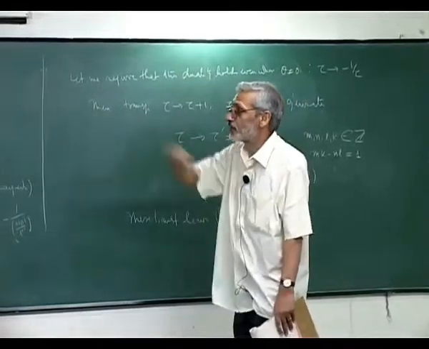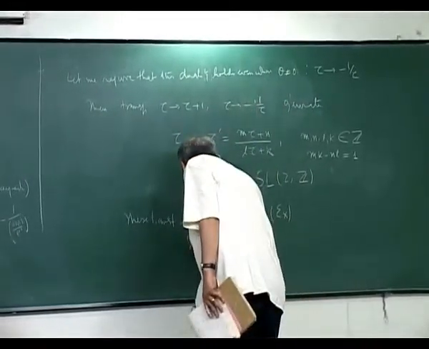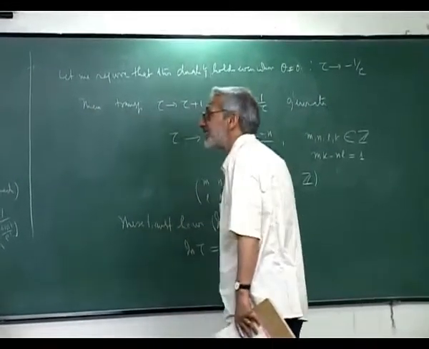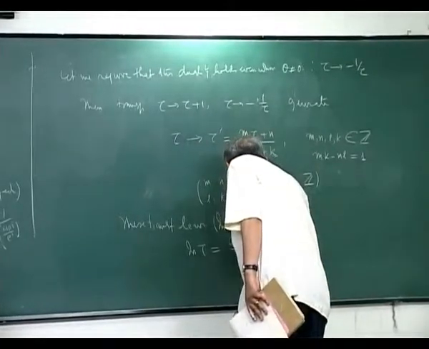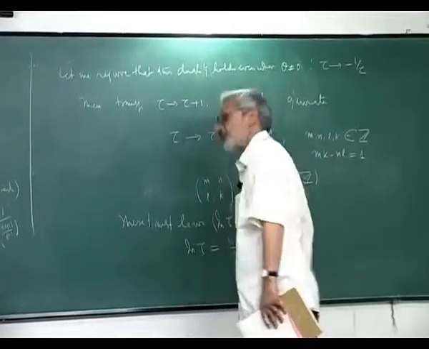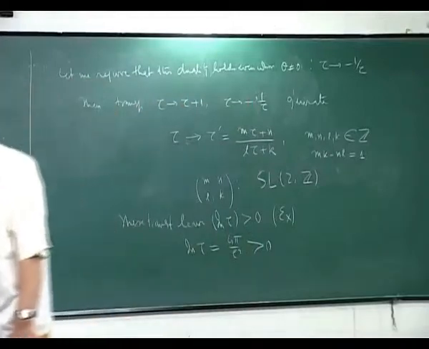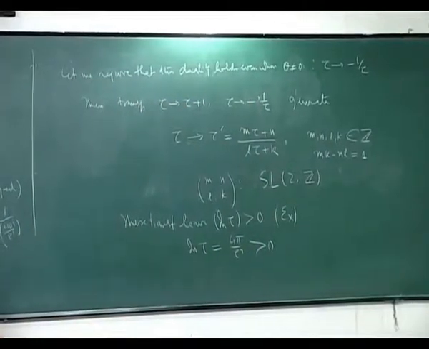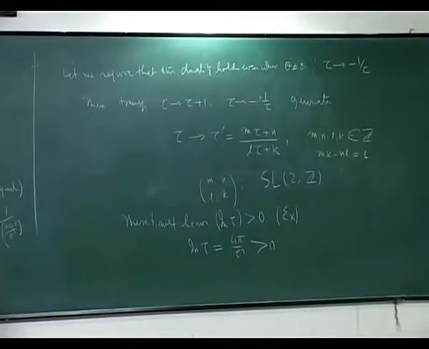And for our case, notice the imaginary part of tau is 4π by e square. It's always positive. Is that clear?